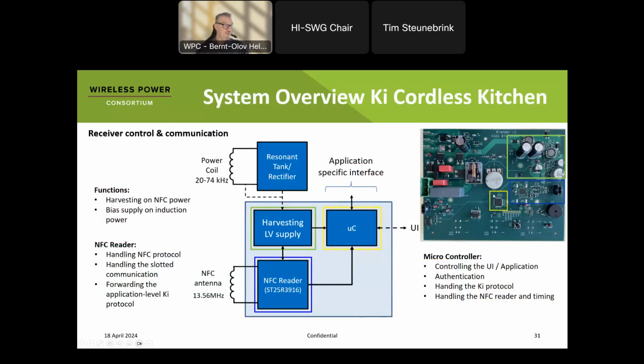It's important to keep track of the power because that is also synchronizing the communication backwards. So it's a lot of things the microcontroller needs to do, but it's not comprehensive. It's quite few components. The rest of the area is basically containing what is required to support the functionality in the appliance.